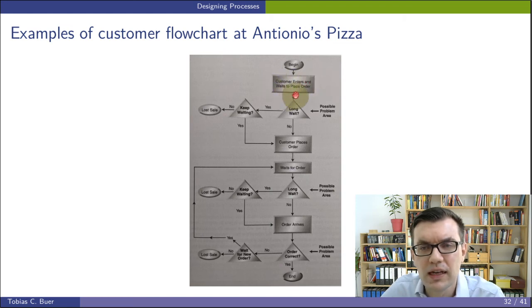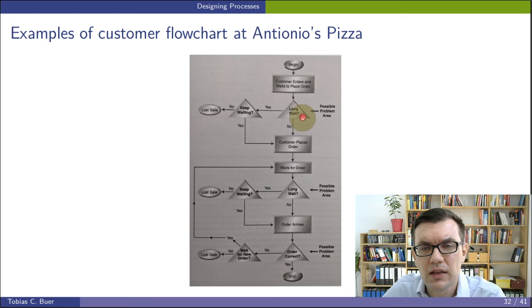So here the first activity happens. The customer enters our restaurant and is waiting to place the order. Okay, then we have a decision based on the waiting time of this customer. Now, the customer makes this decision.